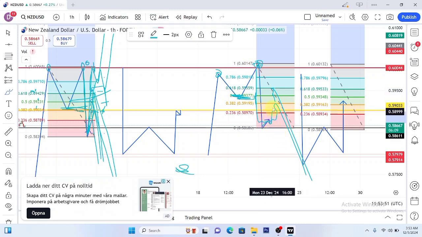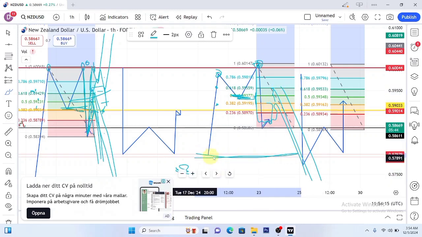Then wait for it to retrace up to 38.2 or 61.8. These are the two golden key regions where you can take your trade, and I can assure you when you take it, it goes down and comes down to this equal point here. Whenever you take a trade from this region, either 38.2 or 61.8.